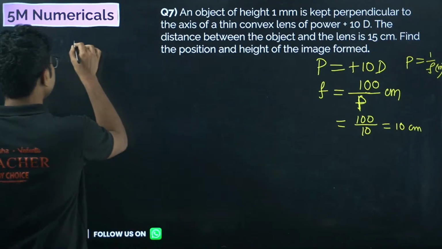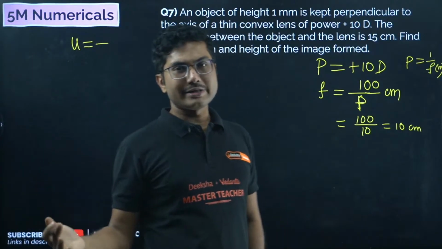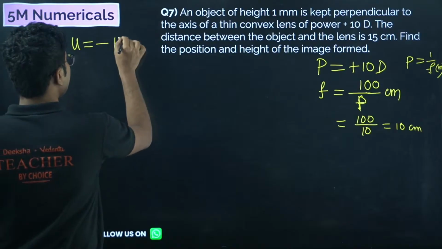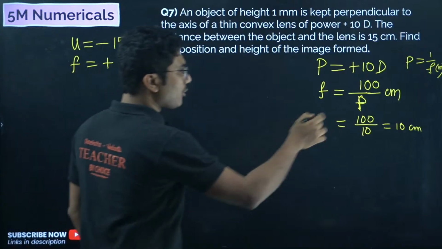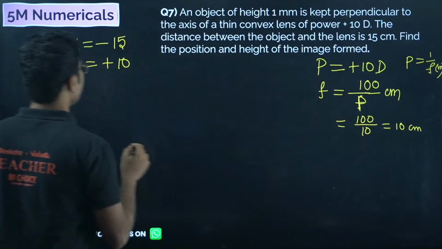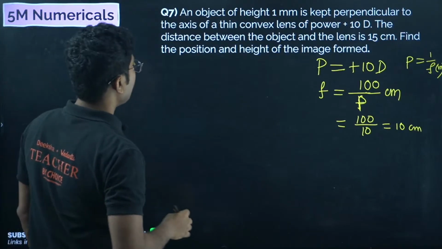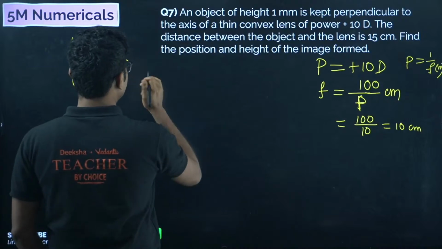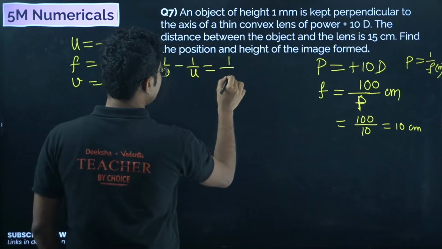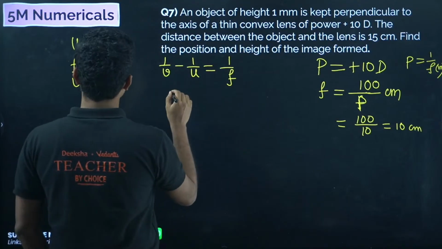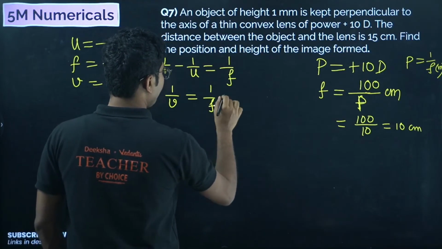Now, whenever any mirror or lens based questions are given, u is always negative. Focal length here is given positive itself, because power is positive means focal length will also be positive. Now you have to calculate v. For a convex lens, we will use the lens equation 1 by v minus 1 by u equals 1 by f. So 1 by v, which we don't know, equals 1 by f plus 1 by u.